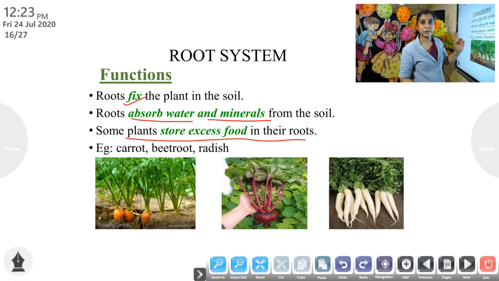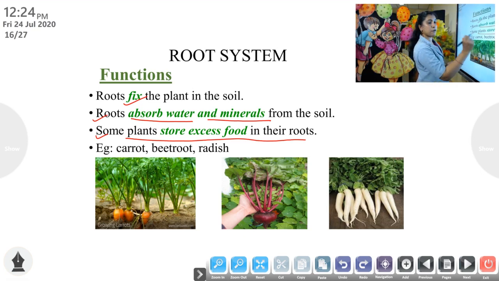What are the functions? First one, roots fix the plant firmly in the soil. And the second point, roots absorb, they take in water and minerals from the soil. And the third function, the root system of some plants store excess food in their roots.